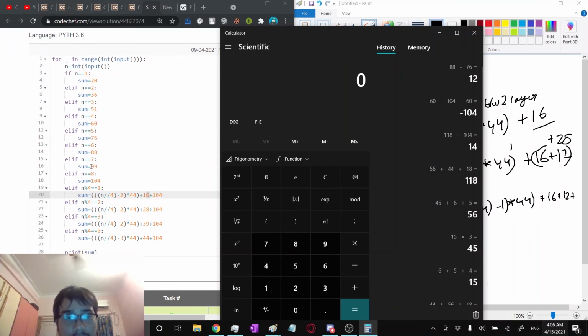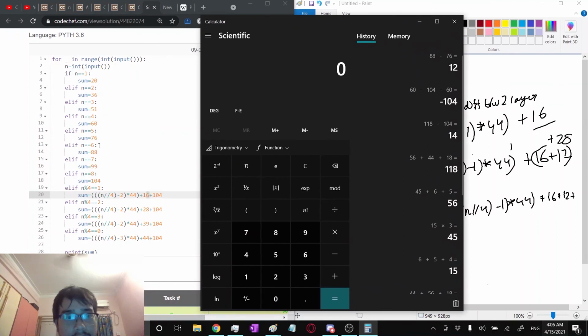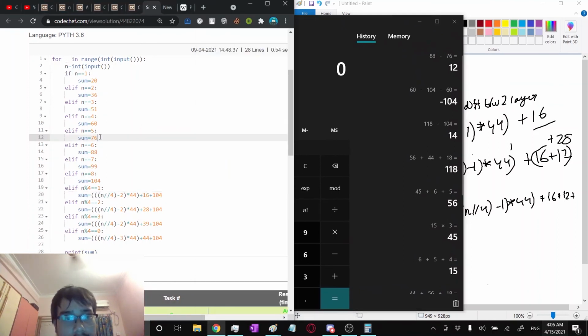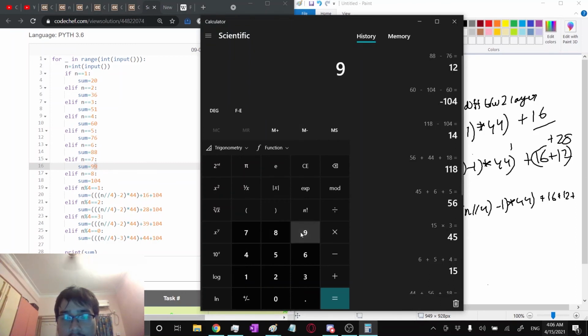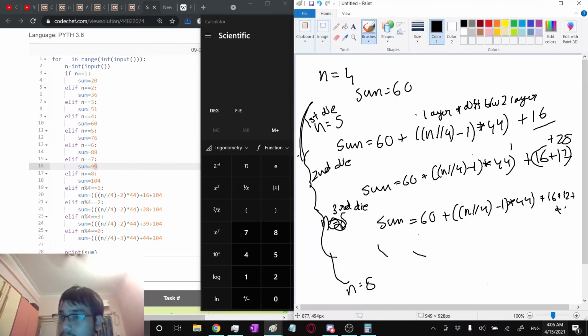We are checking for now n equal to 7, the third die. Third die minus second die, 99 minus 88, that is 11. Clearly that is 11. So plus 11.